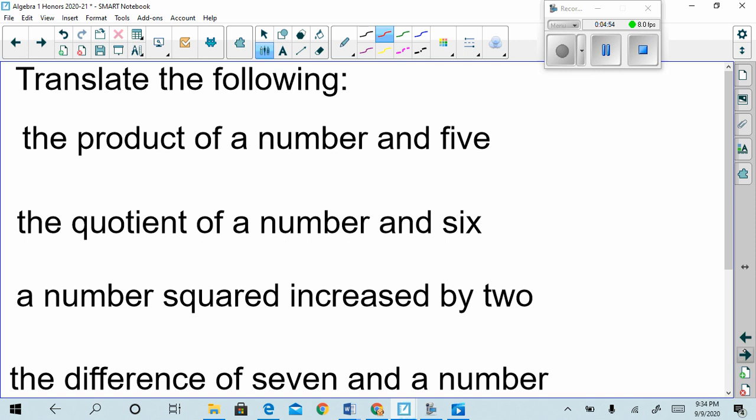For example, the product of a number and 5, well, product means multiply, I could just have 5x. And again, if it doesn't state the variable to use, you choose the variable. I got you started on the first one. Go ahead and work on the next grouping.